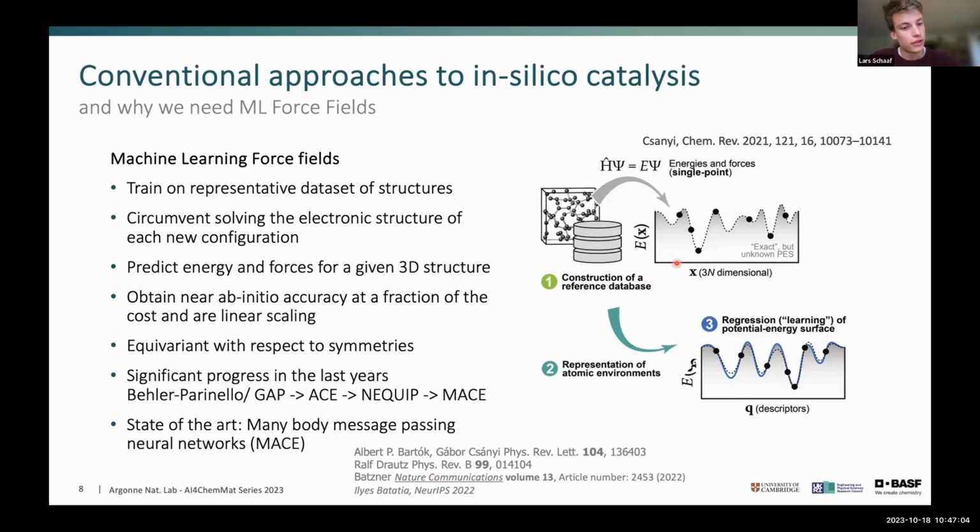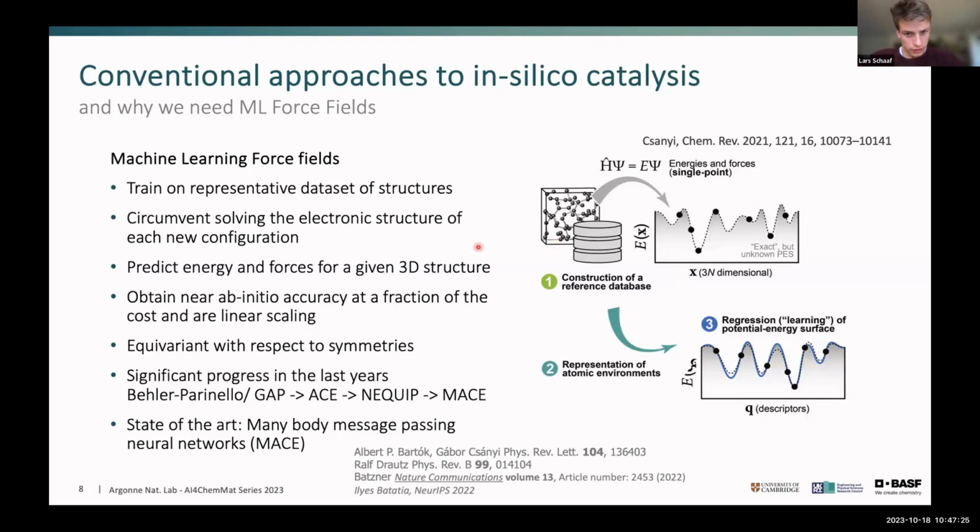And so you completely circumvent solving the electronic structure of a configuration, which is what you would have to do with DFT, and directly predict the energies and forces on atoms, and can then run molecular dynamics. You can run enhanced sampling methods like umbrella sampling, and so on and so forth.